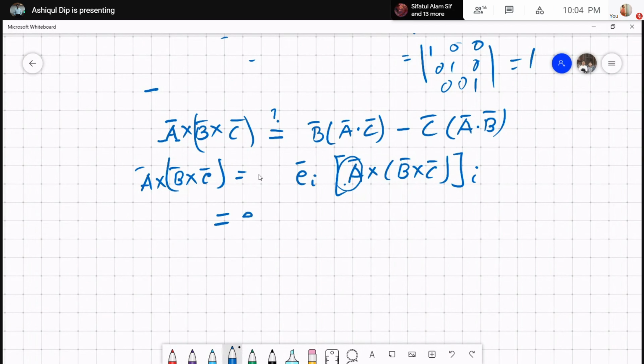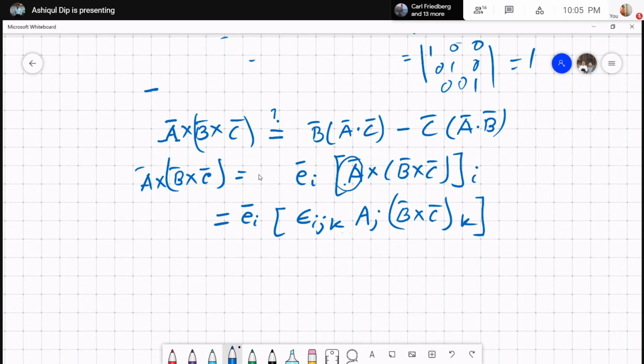So we can write e_i, then epsilon ijk, oops, epsilon ijk. The first object is A, so the jth component of A, and then the kth component of B cross C.